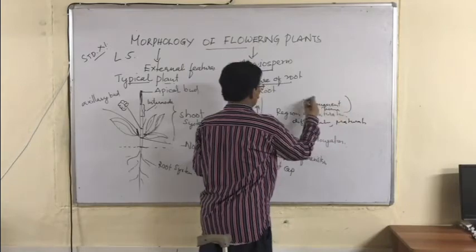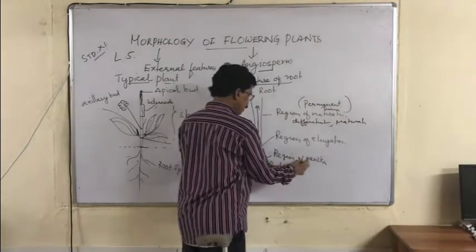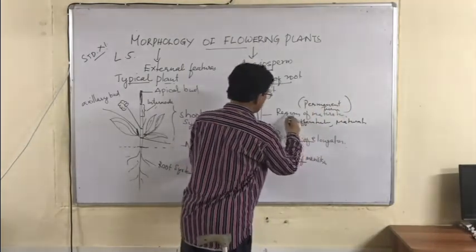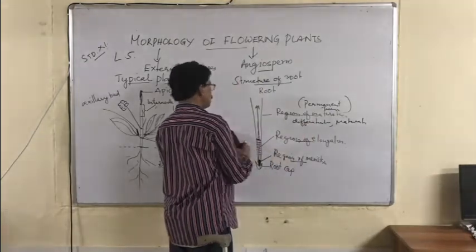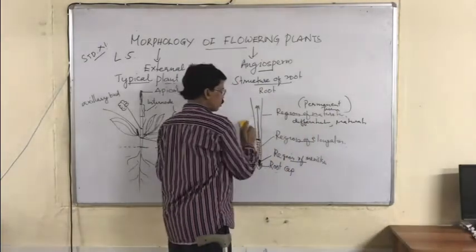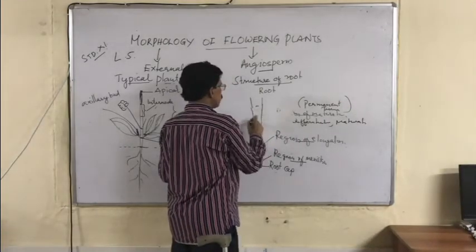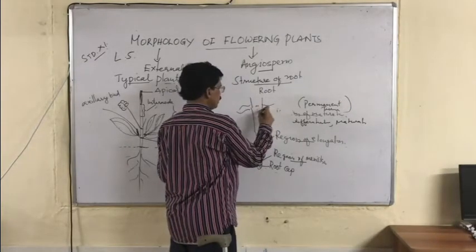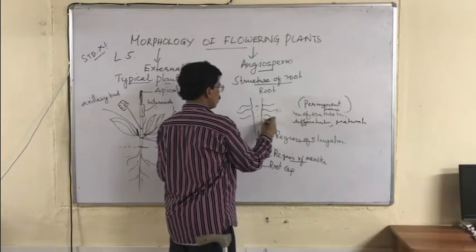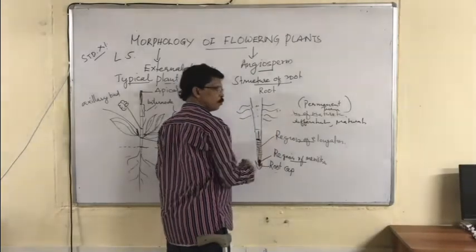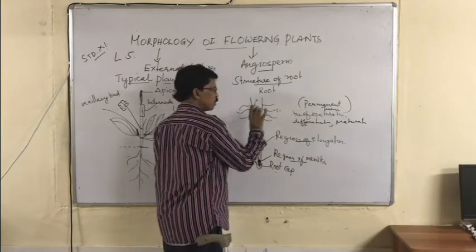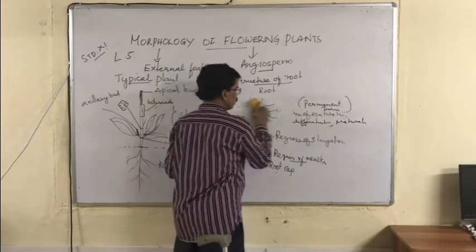So the parts of a typical root are the root cap, region of meristem, region of elongation and region of maturation. In the region of maturation you can see the root hair as well. Root hair is found in the region of maturation, and they absorb water and minerals from the soil.